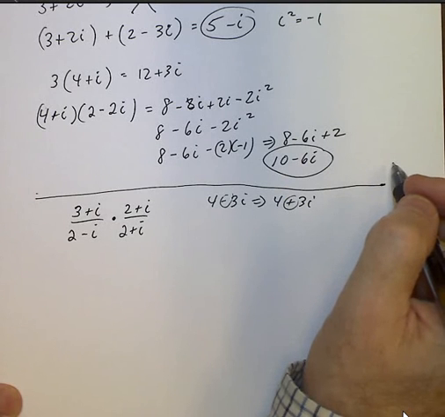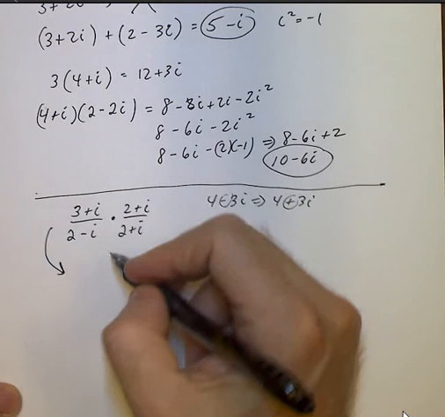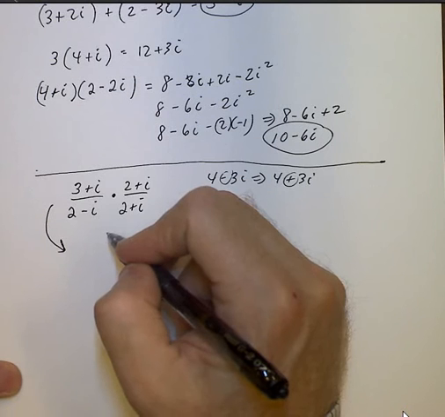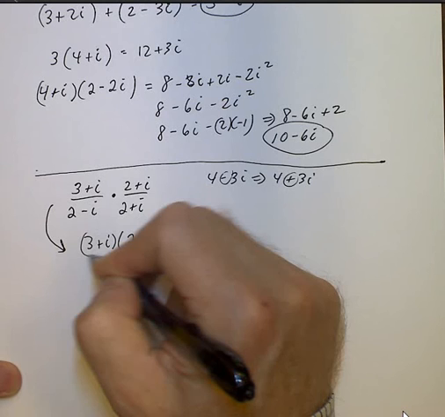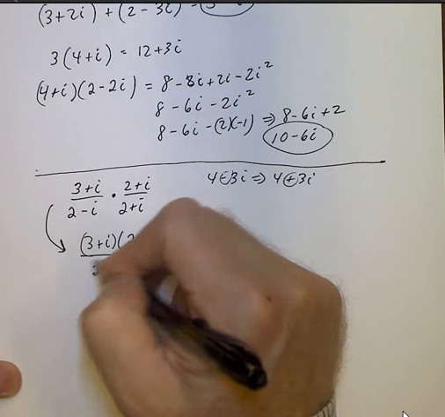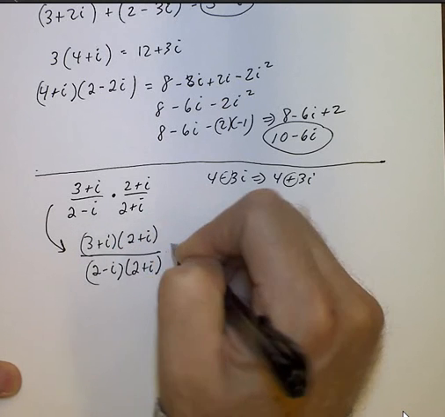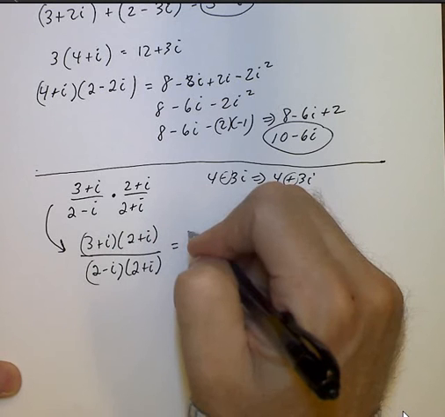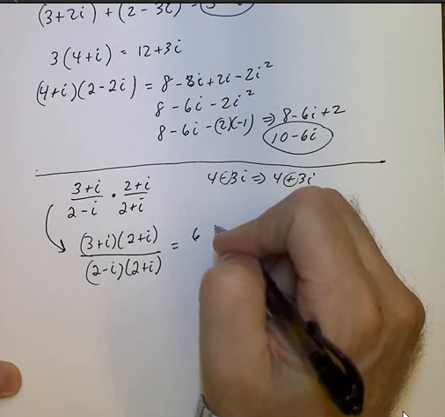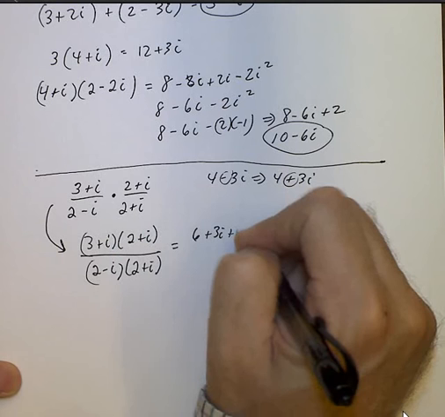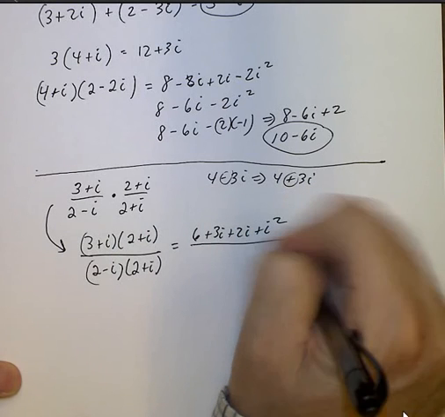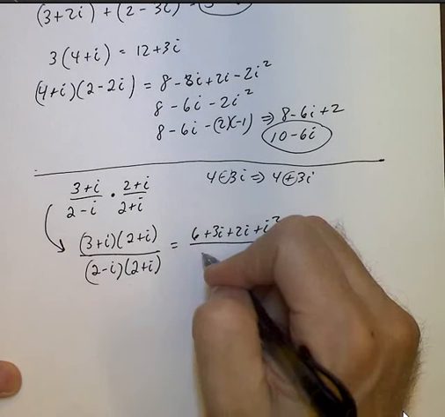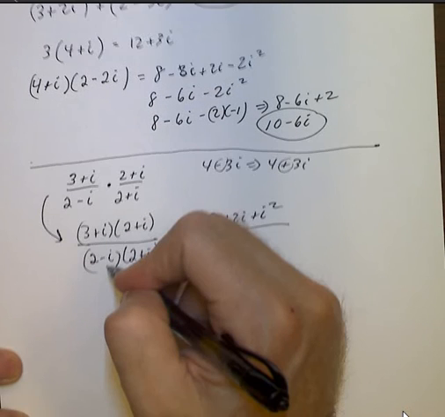The reason we do that is as follows. When we multiply these two now, we get 3 plus i times 2 plus i over 2 minus i times 2 plus i. In the numerator we FOIL. 3 times 2 is 6. 3 times i is 3i. i times 2, i times i. In the denominator, when we FOIL this, I want you to notice the form.